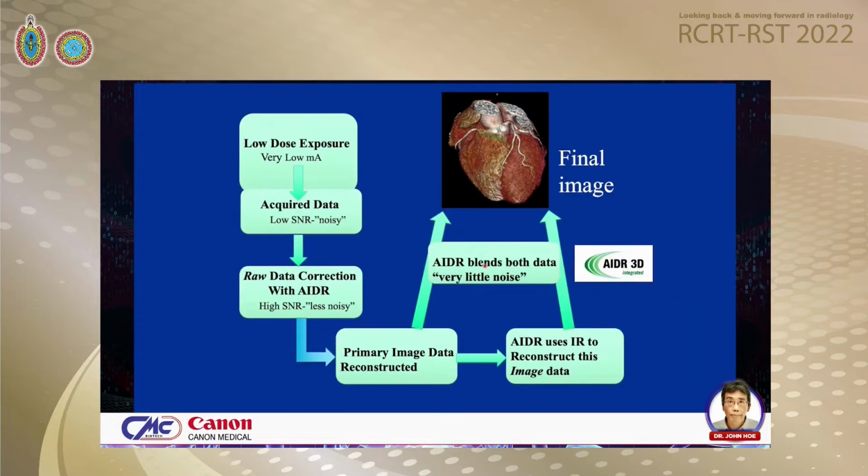So you scan with a low MA or MAS, the acquired data is noisy, the raw data is reconstructed using iterative reconstruction, and the iterative reconstruction also reconstructs from the reconstructed data, blends both sets of data, and then you get a final image which has little noise.